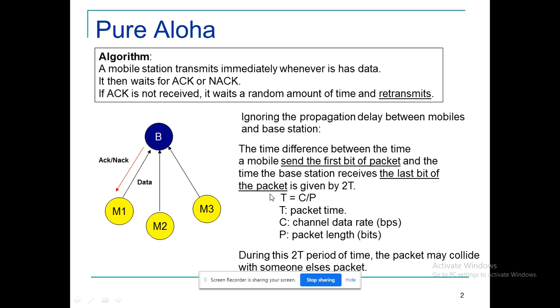So whenever the station has data, it will transmit. It will wait for the acknowledgement. If it has still not received it, it will wait for some random amount of time. Again it will go for retransmission. The advantage is that propagation delay is ignored here.